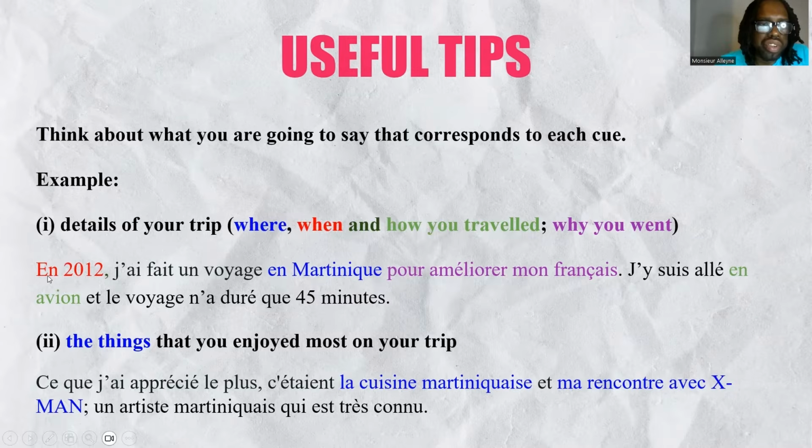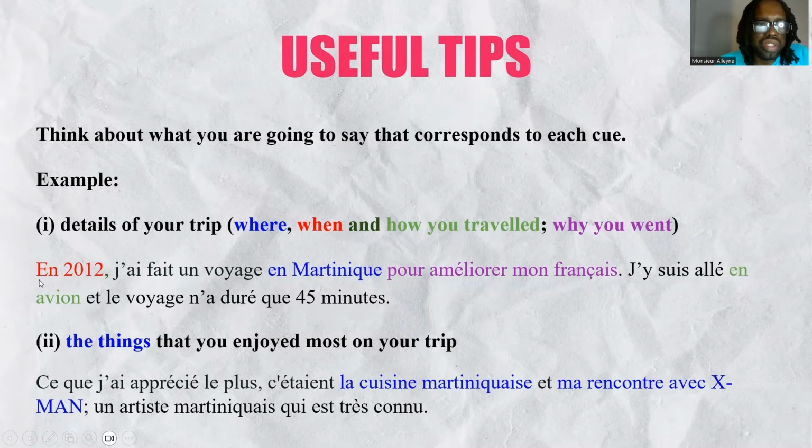So we have here, en 2012, j'ai fait un voyage en Martinique pour améliorer mon français. J'y suis allé en avion et le voyage n'a duré que 45 minutes. All right.